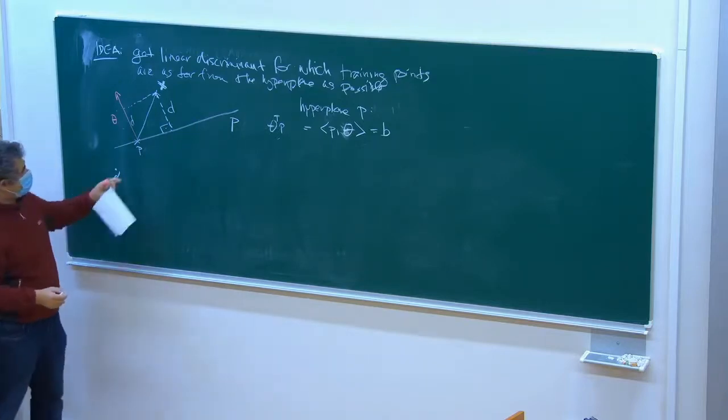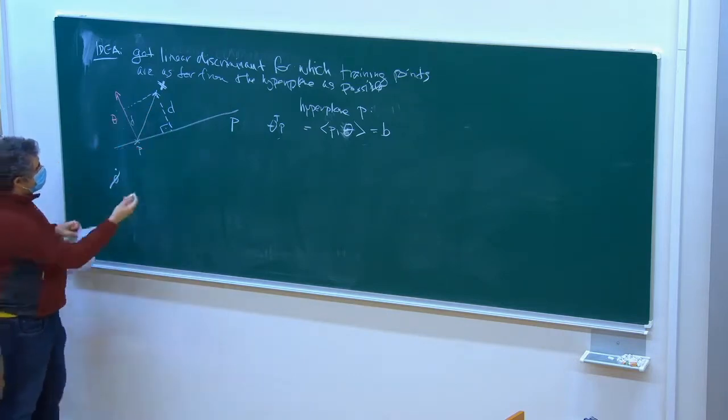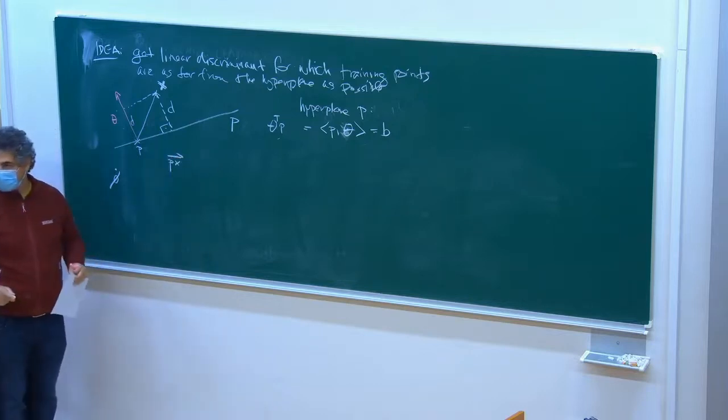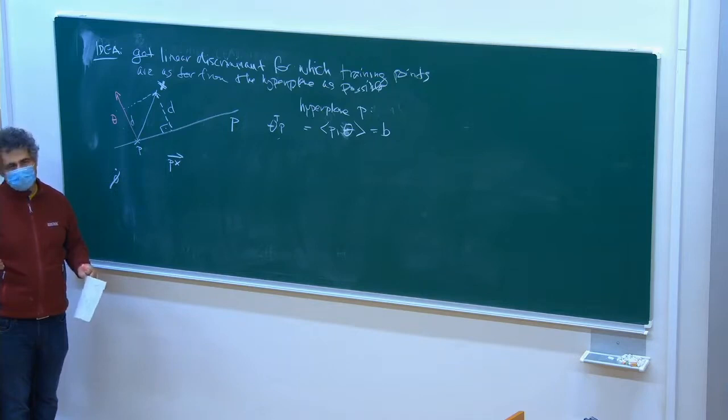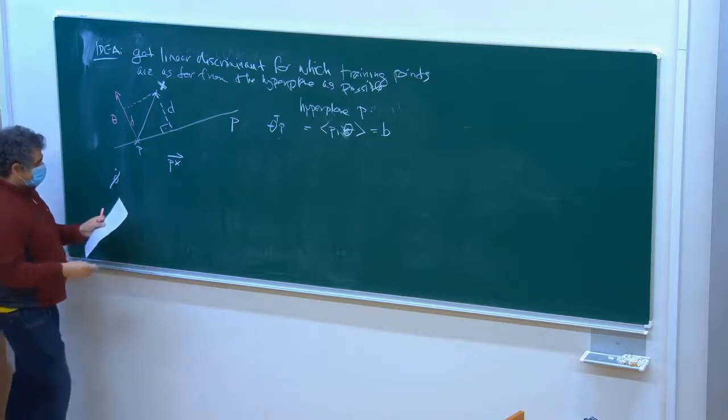How do you project the vector px onto theta? You simply do a dot product again.